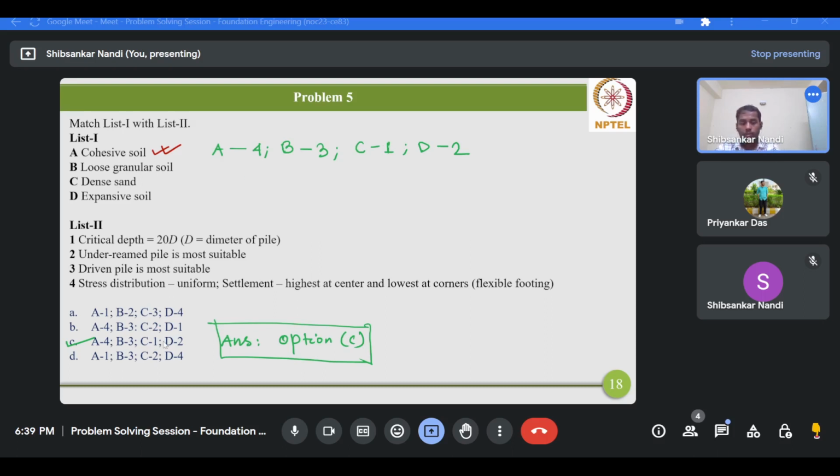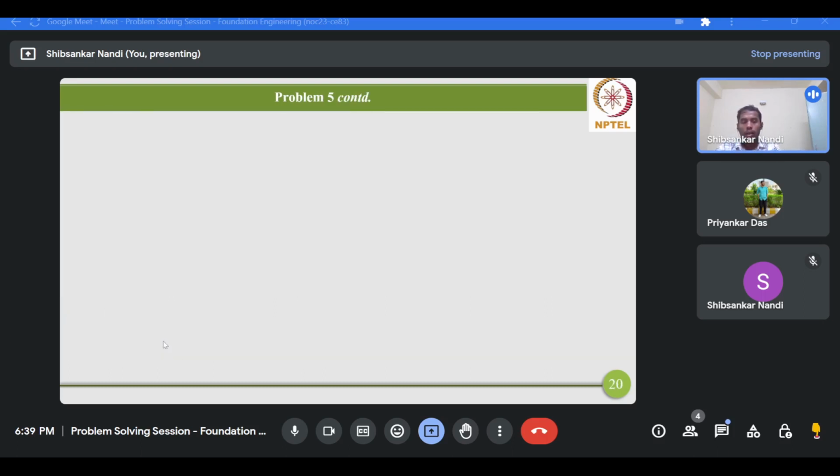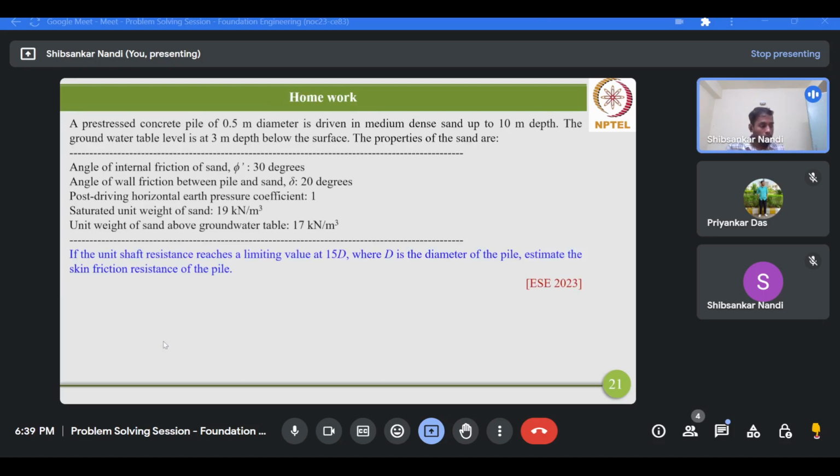So now we'll end this session by taking one homework problem. This homework problem is taken from the engineering services examination 2023. A pre-stressed concrete pile of 0.5 meter diameter is driven in medium dense sand up to 10 meter depth.